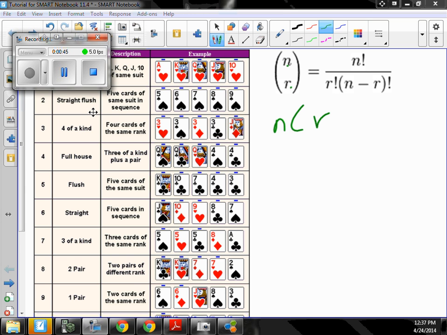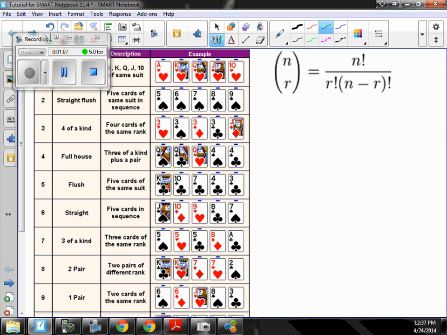Factorial means, so 4 factorial is 4 times 3 times 2 times 1. 8 factorial is 8 times 7 times 6 times 5 times 4 times 3 times 2 times 1. Okay? So the formula is n factorial divided by r factorial times (n minus r) factorial.